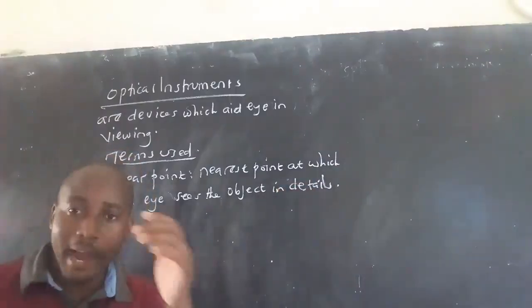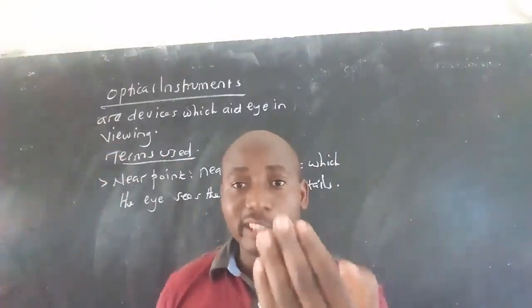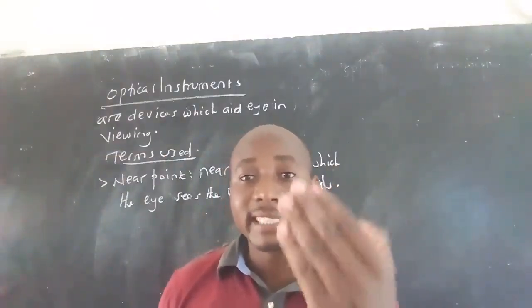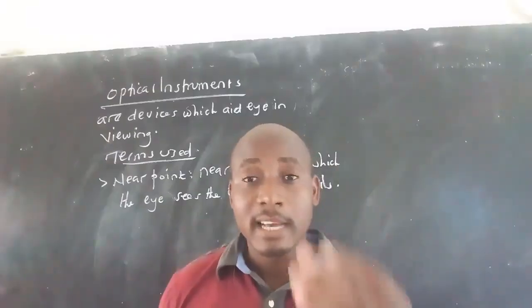So there is that point from your eye where you place an object and you are able to see it in detail, clearly. That point is called the near point.